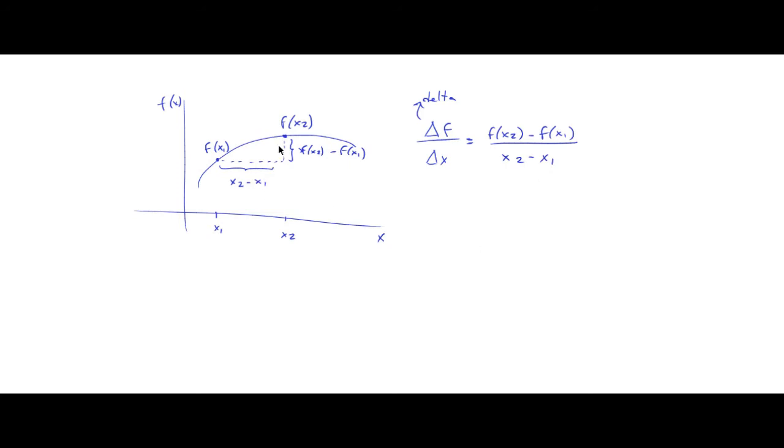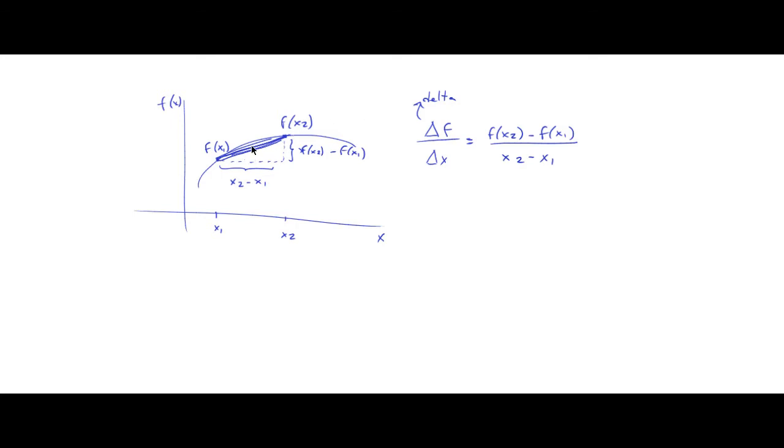That is given by the slope of this line. So we have this line. This division is actually the tangent of this angle. So this divided by this is the tangent of this, which is the slope of this line.